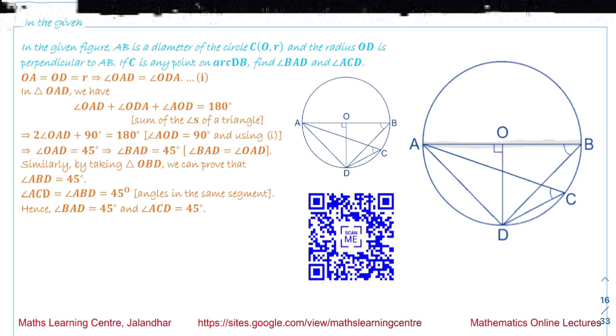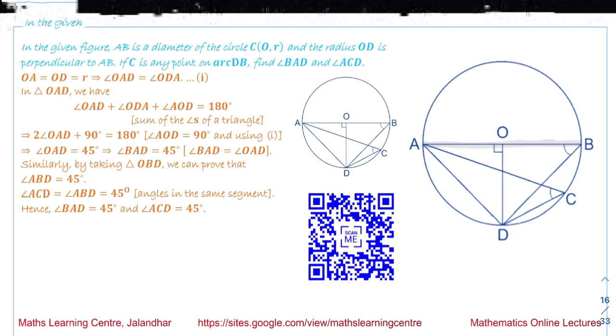So what we get is, if the value of this angle is x, then the value of this angle is 2x. Similarly, if we look at this arc YZ over here, this arc YZ is subtending the angle YXZ on the circle.